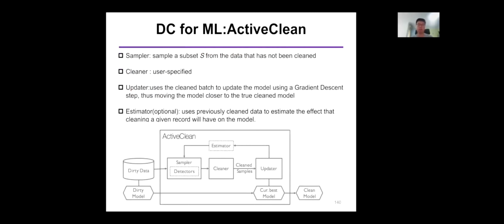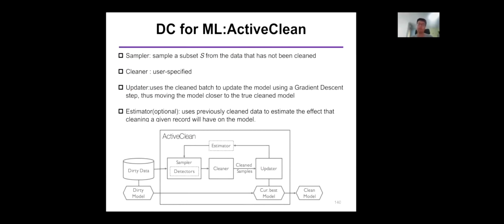ActiveClean consists of 4 modules: the sampler, cleaner, updater, and estimator. The sampler is used to select a batch of records to be cleaned, where the selection criterion is measured by how much improvement can be made after cleaning a record, that is, the variation of the gradient.